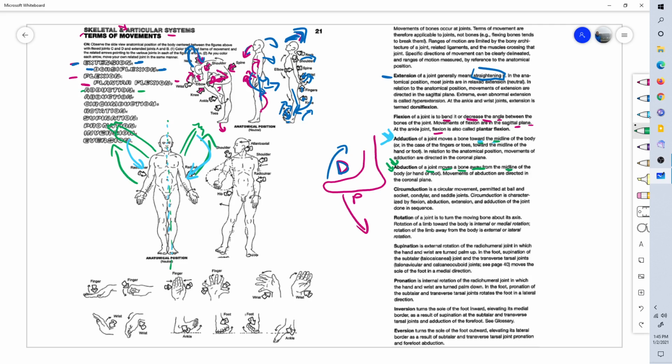You are doing your jumping jacks and you're bringing your legs out away from the midline of the body. Abduction. And next move, the snow angel or the jumping jack, you're bringing your legs back in toward the midline of the body again. That's adduction, bringing toward the midline of the body.